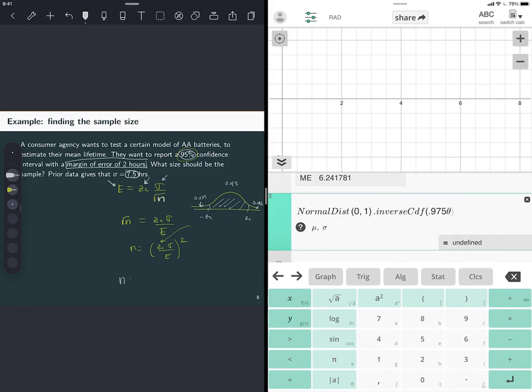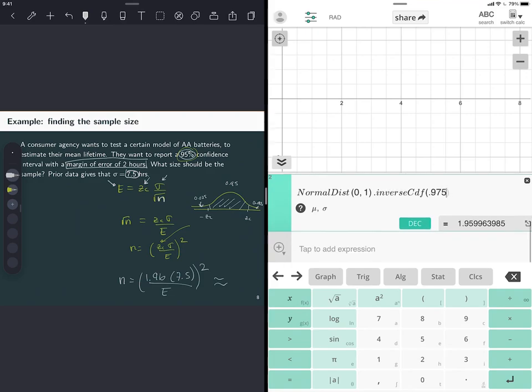So my n is 1.96. The sigma, I have it. It's 7.5. And the margin of error is given to be 2. And then I square that. So my sample size, I'm going to do it right here. Oops, sorry, I typed something up here that I wanted.